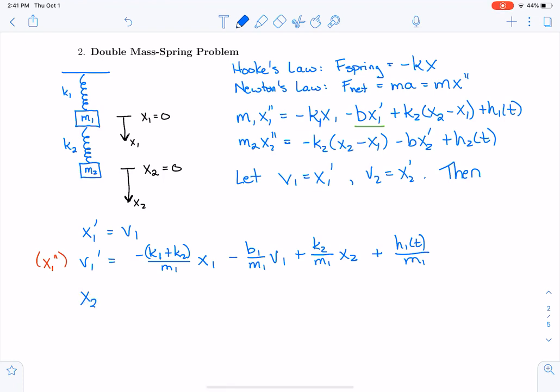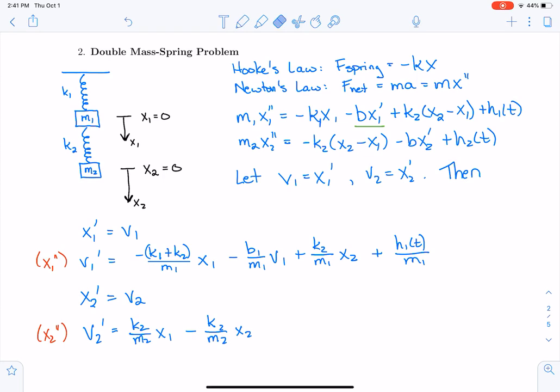And then x2 prime, we said, was going to be the velocity of the second mass, v2. And so then v2 prime, which we can think of, again, as being x2 double prime, is what you get when you divide by m2 in the x2 double prime equation. So I'm going to get a positive k2 over m2 x1 minus a k2 over m2 x2.